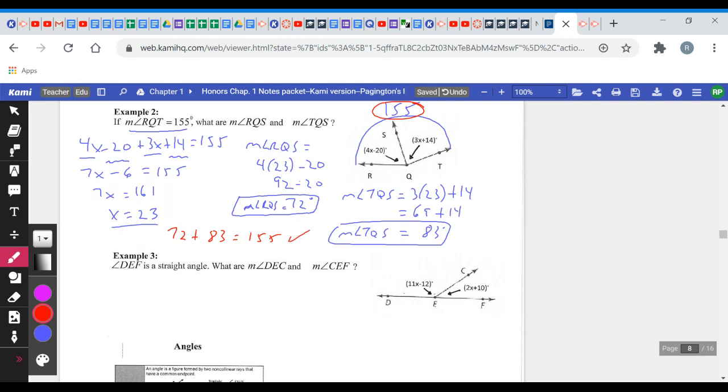And it does, so that checks out. So again, you're not required to check it, but I think it's a good idea because it doesn't take long to do. Okay, last little bit here is example 3.